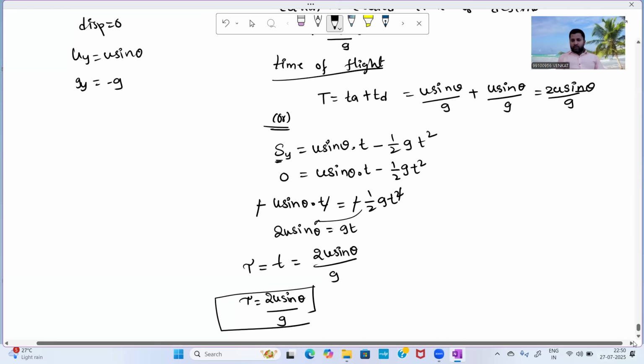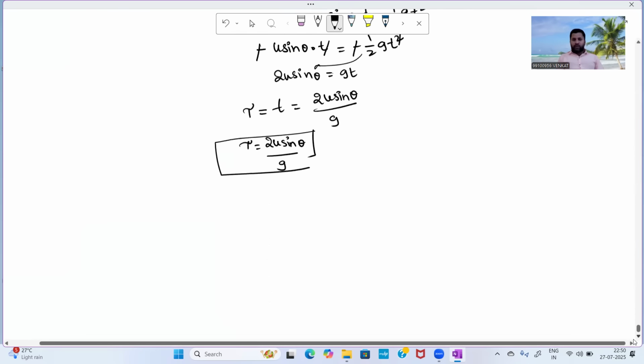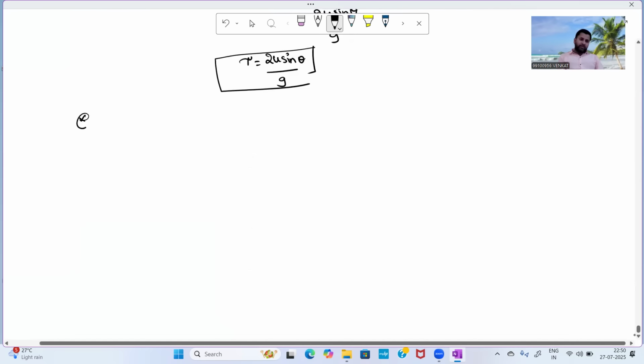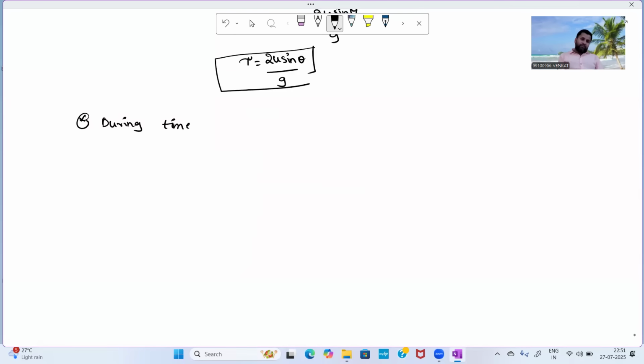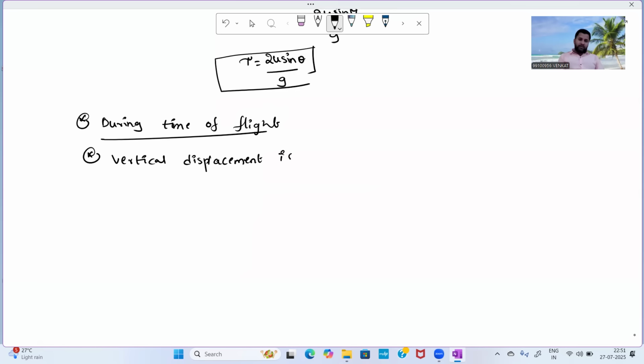First point: the vertical displacement is 0, right?